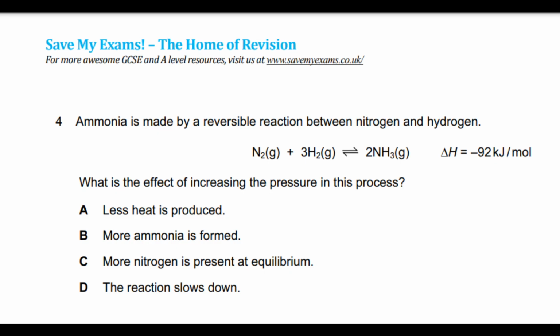Alright, so discussing this question, we know that delta H is negative, so it's an exothermic reaction. Exothermic means that while going in the forward direction, when the reactants are reacting, they are releasing heat to the surroundings. So the surroundings are getting hotter and hotter. If we provide heat to the system from an outside source, the surroundings are already very hot, so providing heat from the outside source is disturbing the forward direction of the reaction.